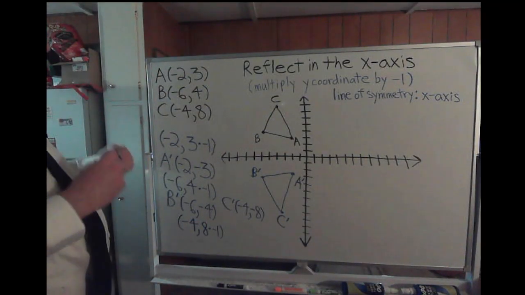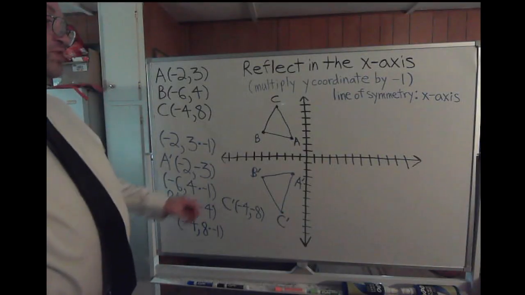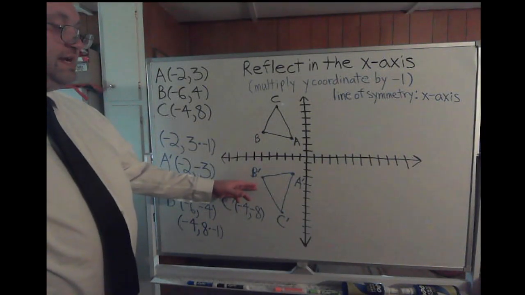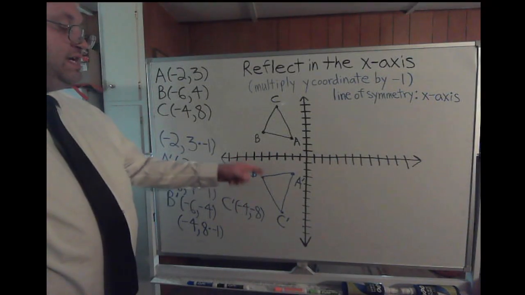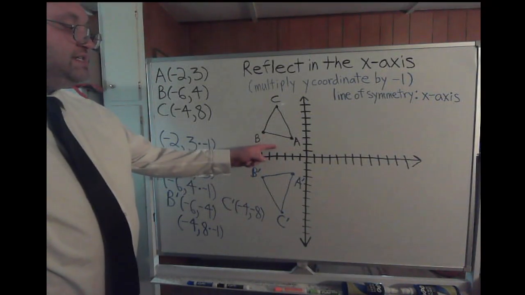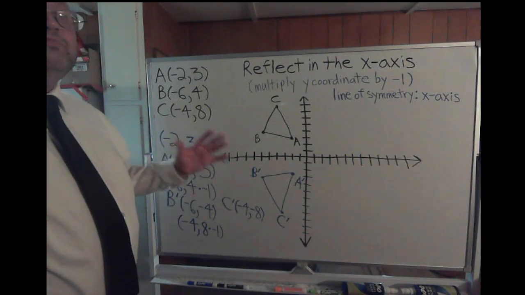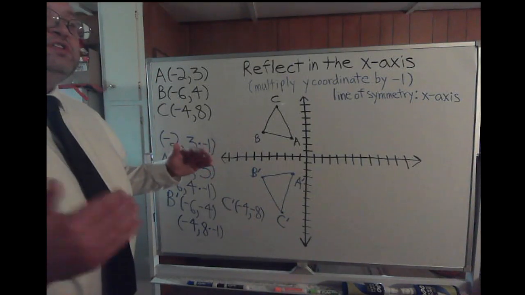So what you get when you reflect, you get two congruent figures. I know it doesn't look drawn to scale the best, and I'm sorry because I probably didn't draw my coordinate plane the best, but you get two congruent figures that are reflected over this line of symmetry, over the x-axis. It kind of acts like a mirror. Think of looking at something in a mirror, everything looks backwards.